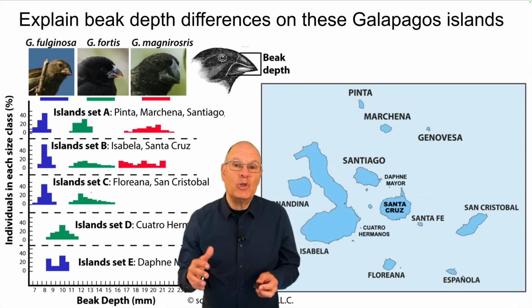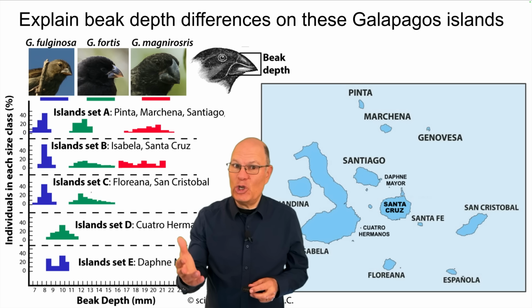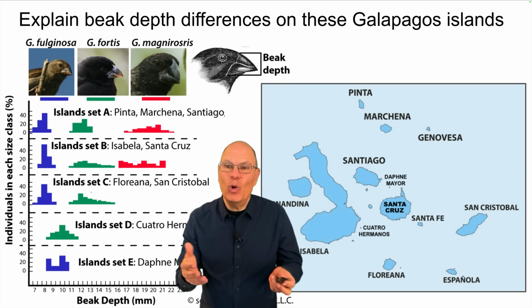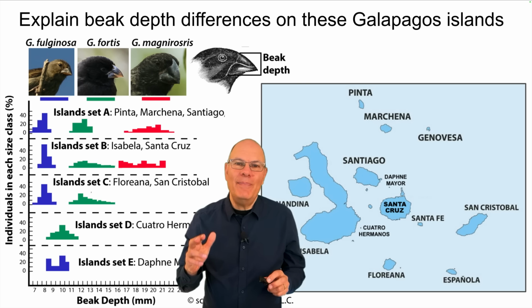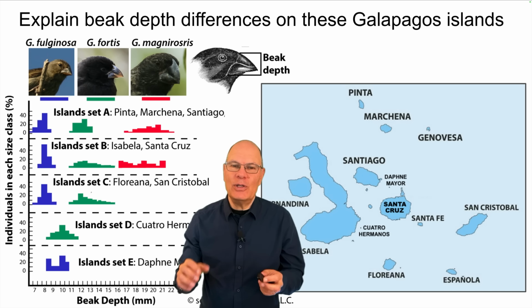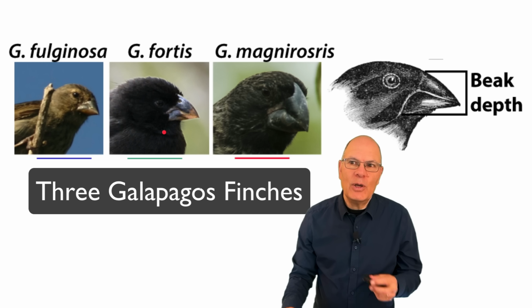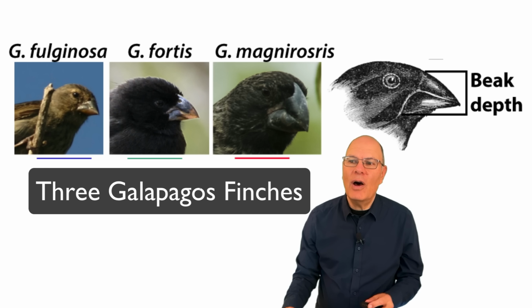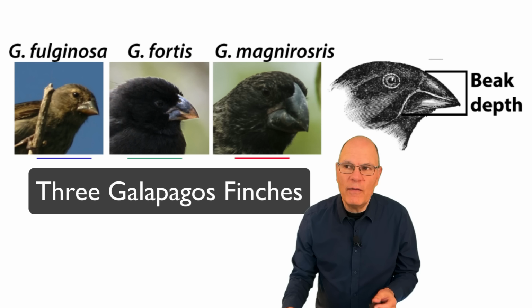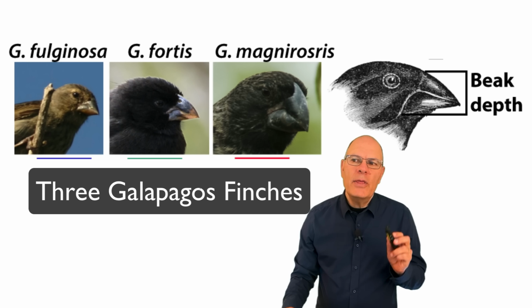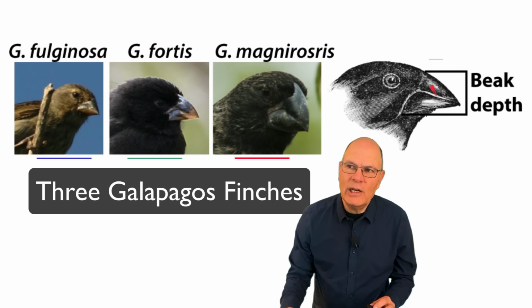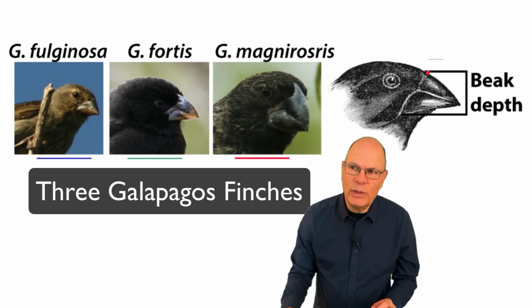Here's a really interesting data set that could show up on the AP Bio exam or in your course related to beak depth in the Galapagos finches. Here are three of the Galapagos finch species that live on the Galapagos Islands, which are off the coast of Ecuador. The character that's been quantified here is the beak depth, the distance between here and here in the beak.